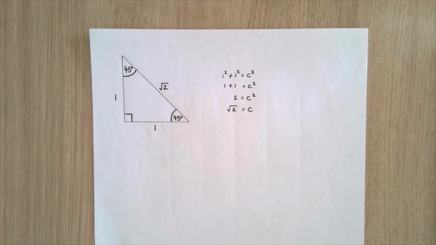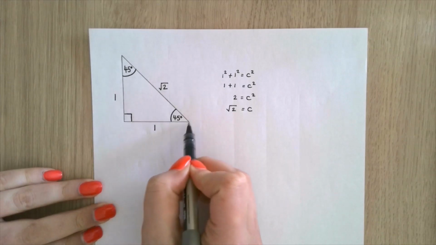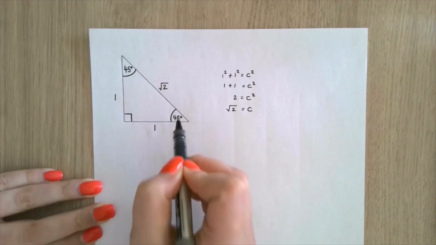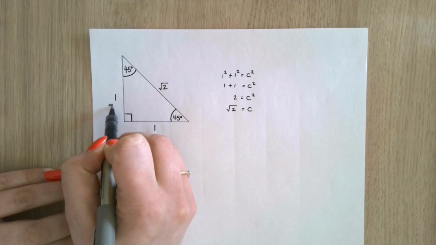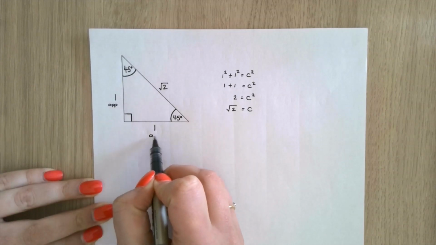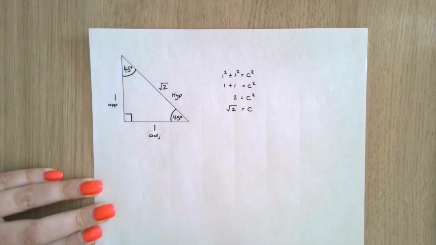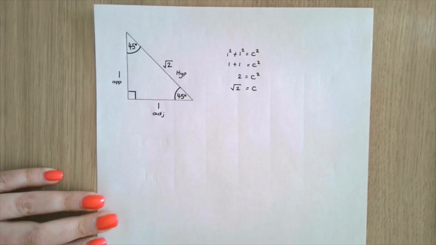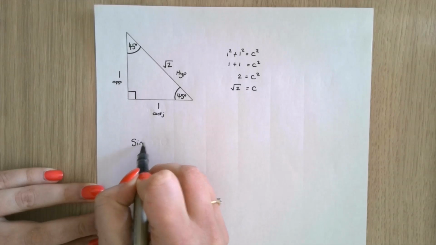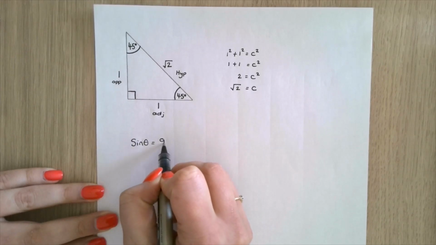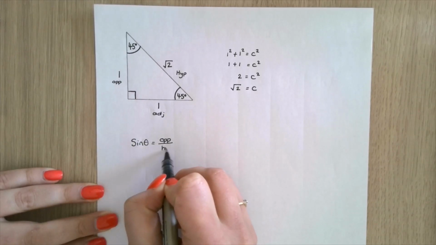So if I use this 45 degrees, this is my opposite, this is my adjacent, and this is my hypotenuse. I know from basic trigonometry that sine theta is opposite over hypotenuse.